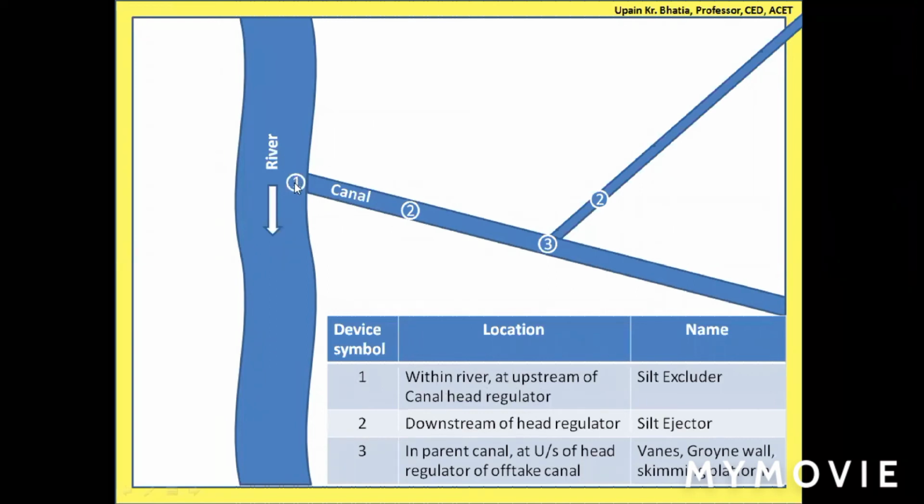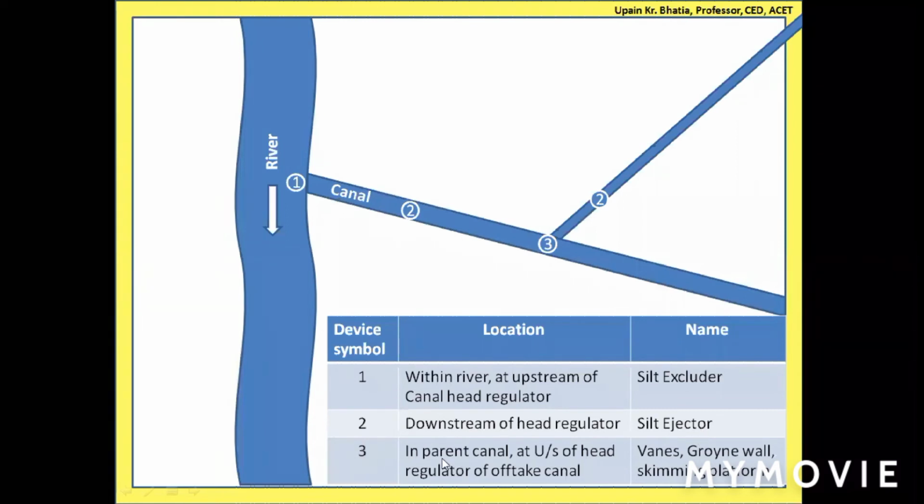So the first device is to be provided, and its name is silt excluder, that you have discussed in the previous lecture also. Now device symbol 2, its location is downstream of the head regulator. So we have the head regulator, and on the downstream side of the head regulator, we are providing the structure category 2. The device symbol is 2, and its name is silt ejector.